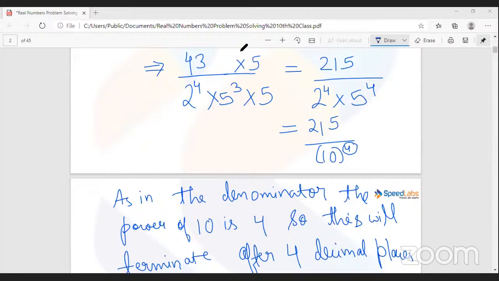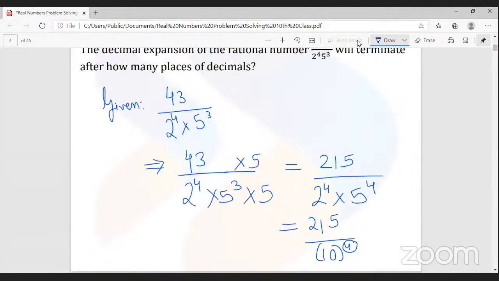Now, should we move on to the next question? Okay, one doubt was there. Rishikesh asked, can we multiply by 1 by 2? No, we cannot multiply by 1 by 2. It will be easier to multiply by 5 in the numerator and denominator.